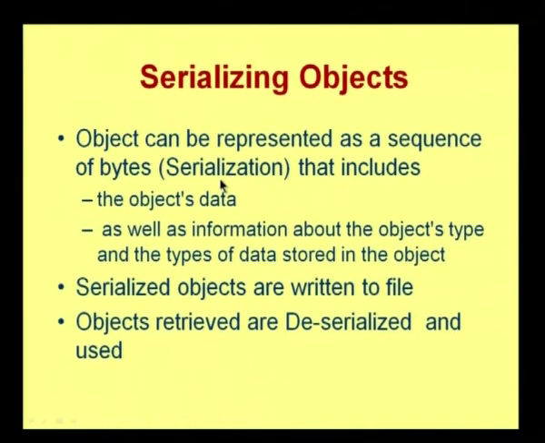We have seen various input and output classes as well as interfaces which could do this for us. We have also seen about object input stream and object output stream, the streams which are capable of handling the objects. Serialization means that you are going to convert your object's data as well as information about the object's type and type of data stored in the object. We have already seen that whenever you have an object, the object has a state.